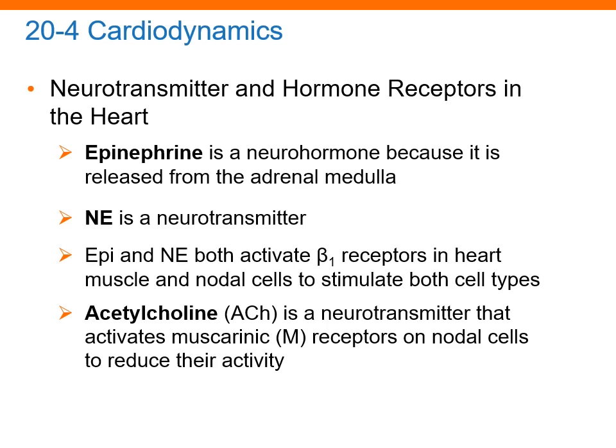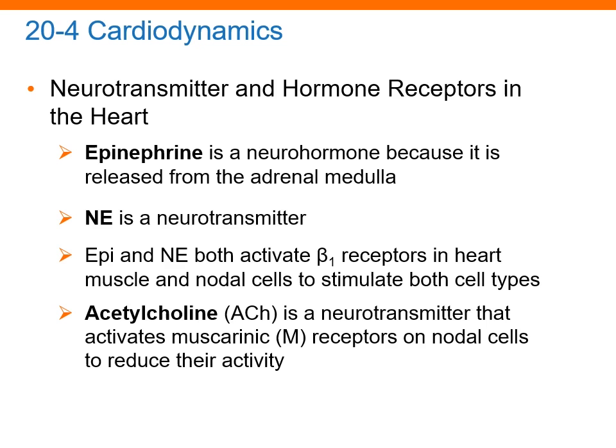Some of the major neurotransmitters and hormones that are affecting the heart are going to be epinephrine, norepinephrine, and acetylcholine. They have specific receptors, either adrenergic or cholinergic. Epinephrine is easy to forget because the name is very similar to norepinephrine.